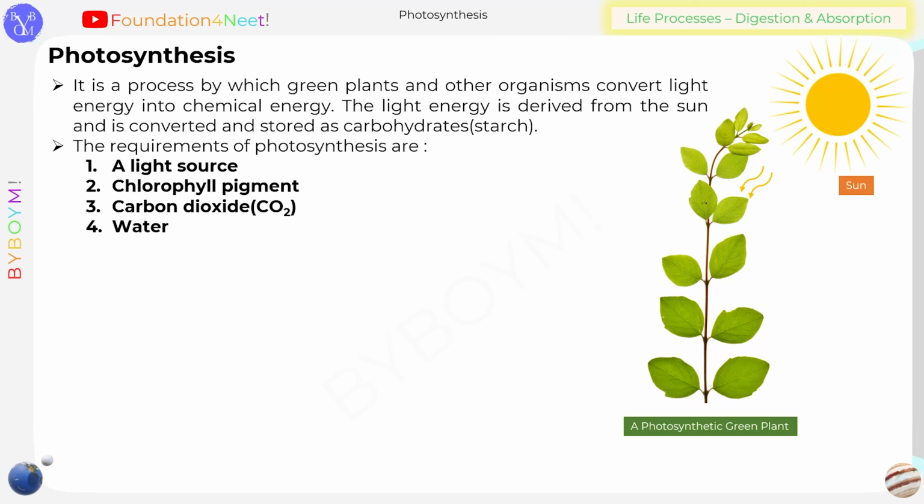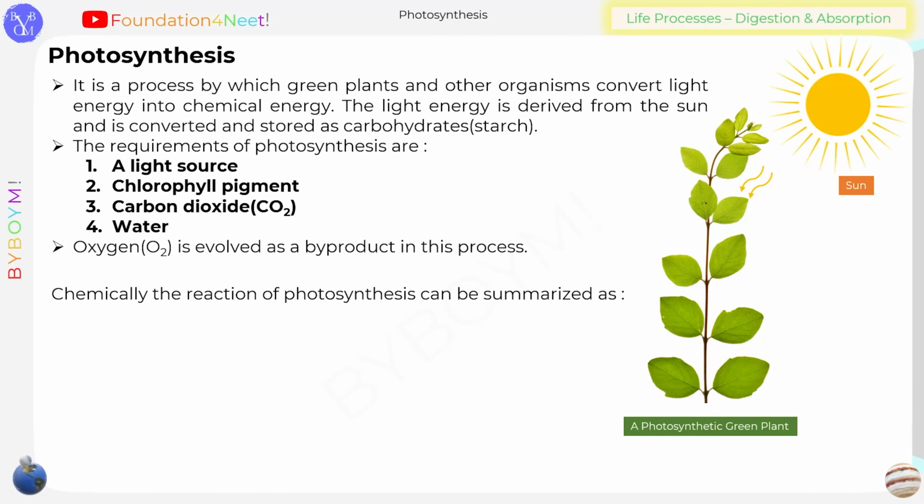Number 4, water, that is present in the atmosphere as well as in oceans, lakes and rivers. But plants require water that is usually present in the soil, in the case of terrestrial plants, and in the case of aquatic plants, they are already submerged in water. Oxygen is evolved as a byproduct in this process.